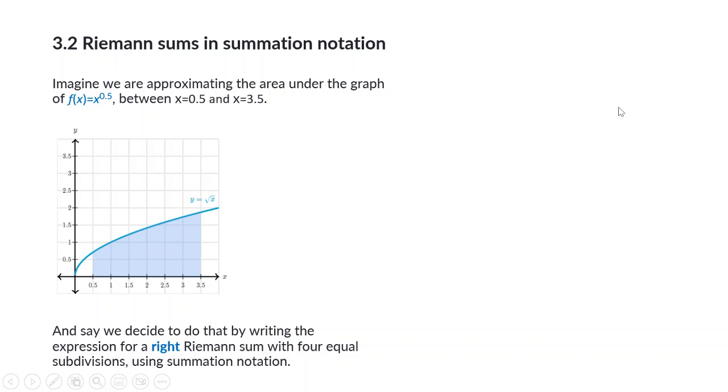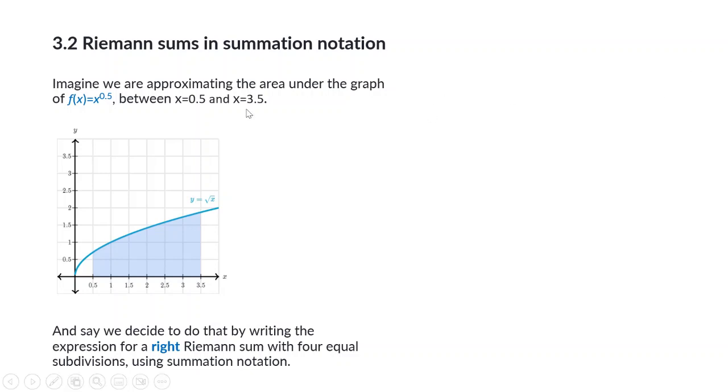After we learn about sigma notation in general mathematics, how can we implement that concept, that notation, into Riemann sums? We learn that through a simple example here.